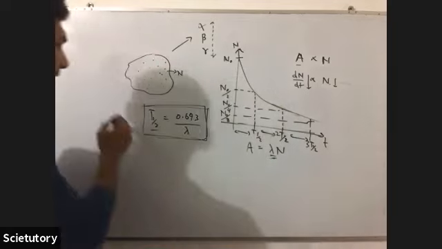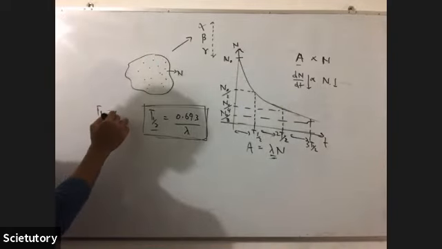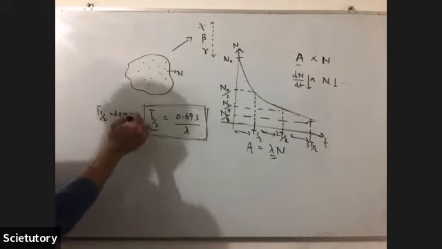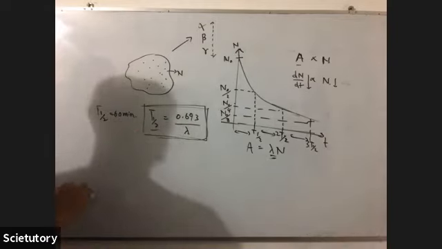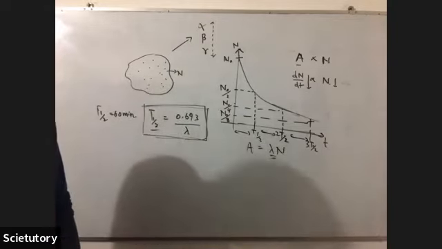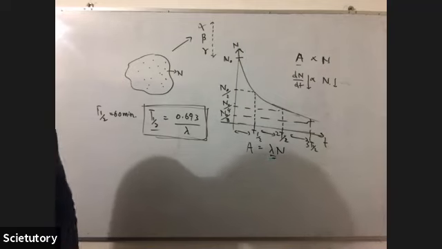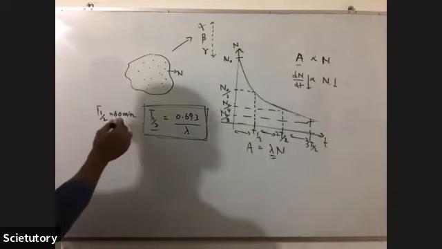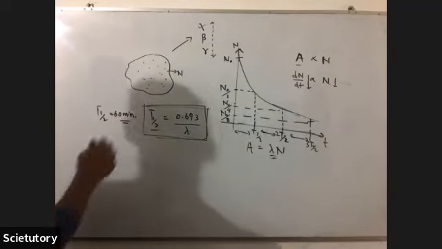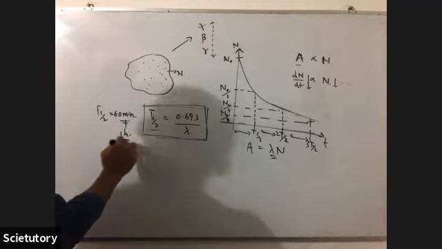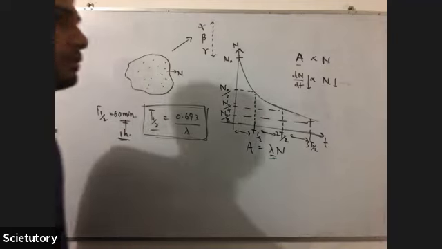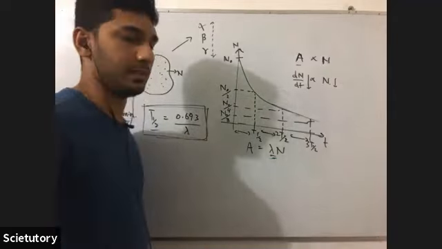Here the t half in the question is 60 minutes, and they are asking the percentage of the material that has decayed during the period of 3 hours. So 3 hours is 3 times 60 minutes, and 60 minutes is 1 hour, so 3 half-lives. For each half-life the number is halved.